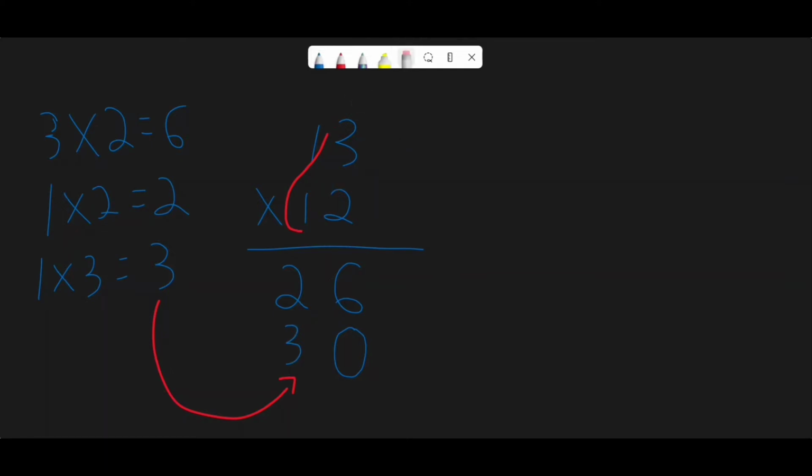And then we move on to the next column. 1 times 1, which equals 1, which will go right there. Now, we have to add these two up. So 6 plus 0, 6. 2 plus 3 is 5. And then 1 is 1. So our answer is 156.